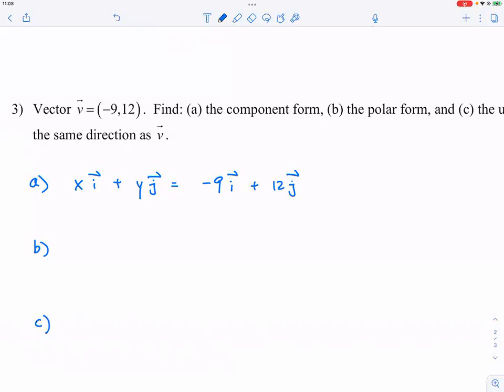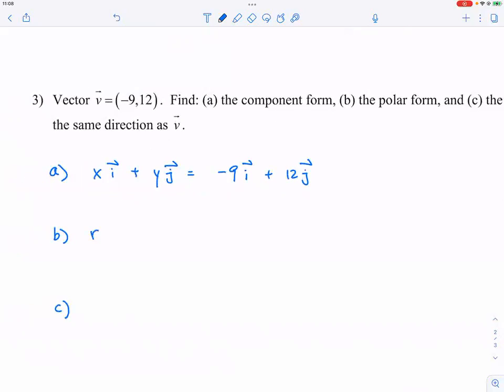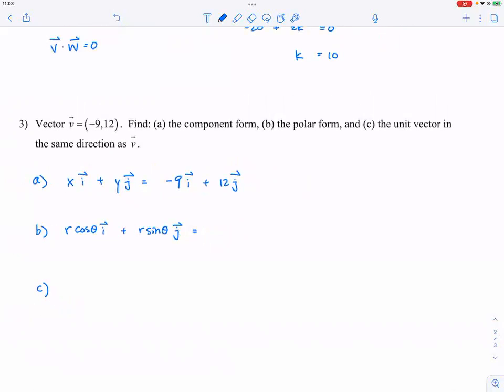All right. And then we have polar form. Now, polar form is where the x becomes r cosine theta i, and then y becomes r sine theta j. So we will need to find what r is, which is the magnitude of the vector, and the theta. So let's go ahead and draw this one out. Right, so this is the vector.